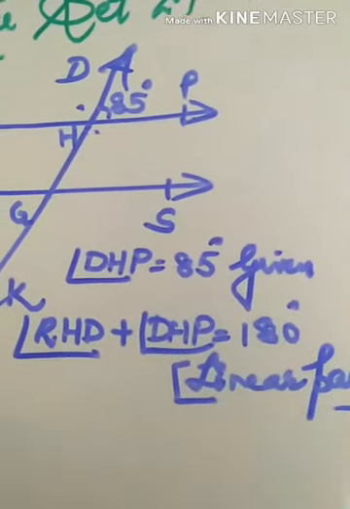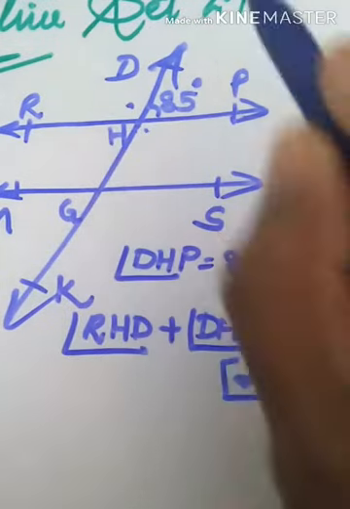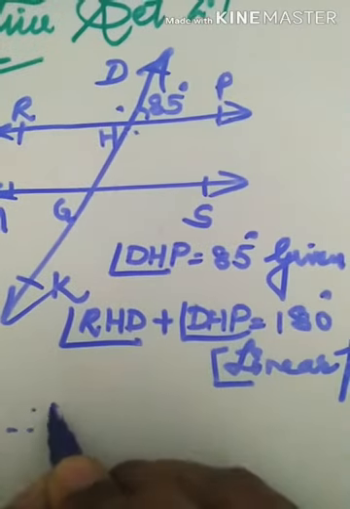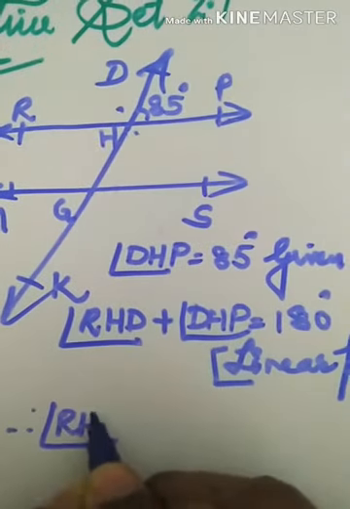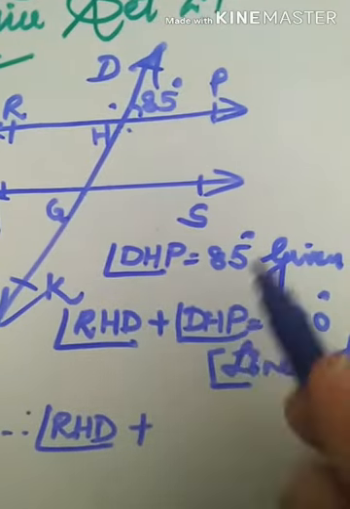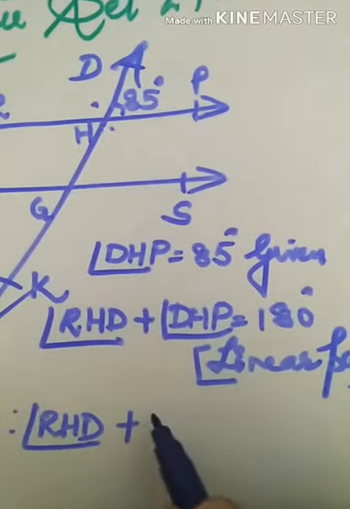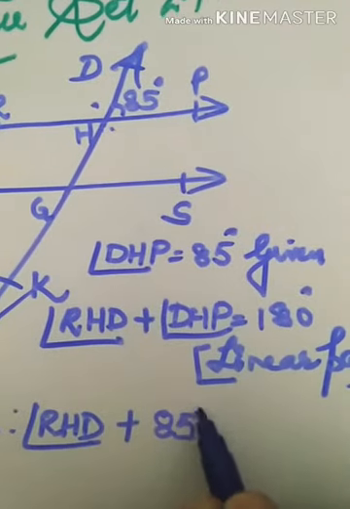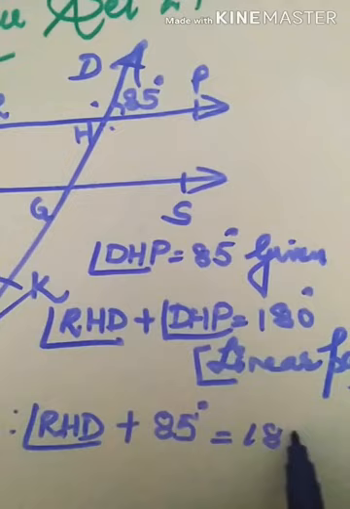Now, we don't know how much is RHD, so write RHD as same. Copy the name as it is. Plus, we know the measurement of DHP. DHP is 85. Write down the value equal to 180 degrees.